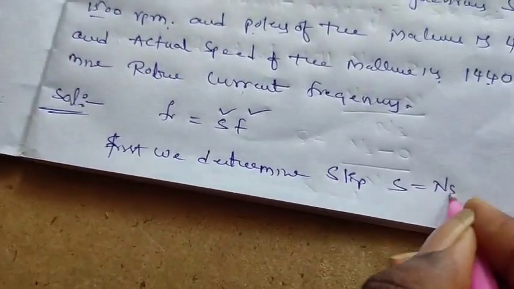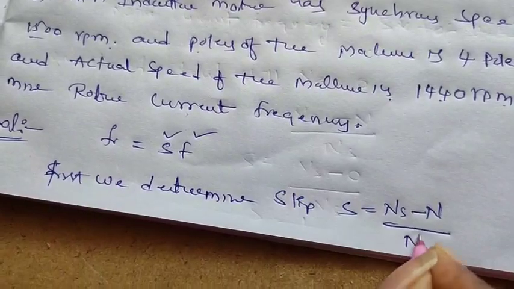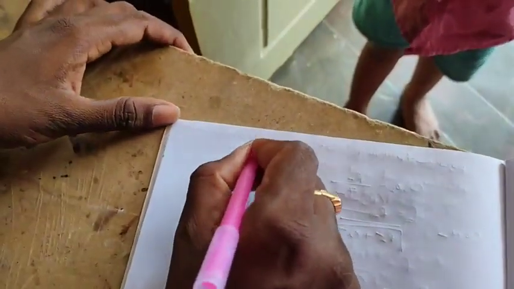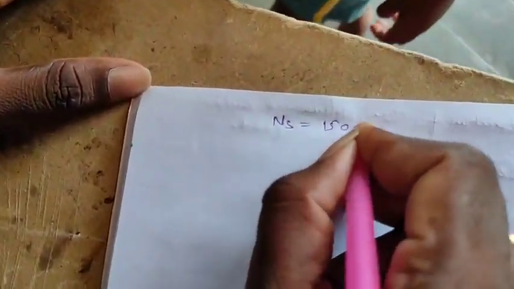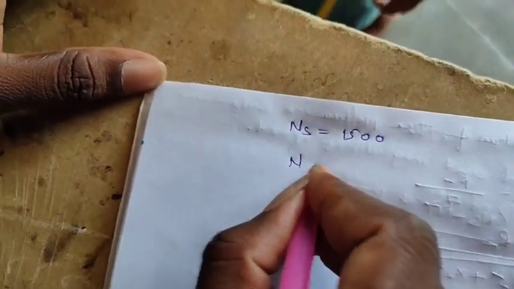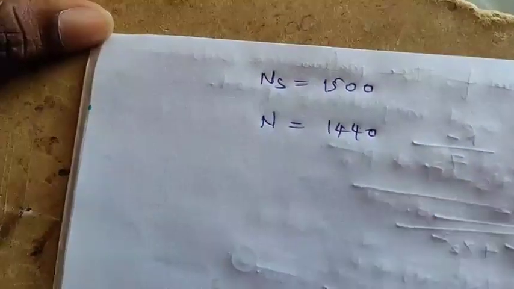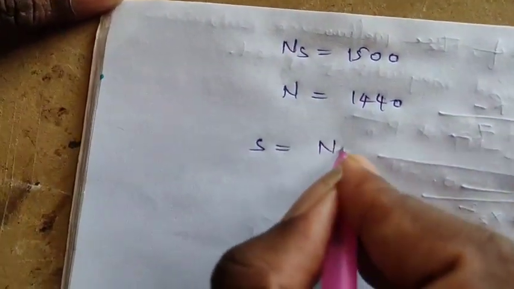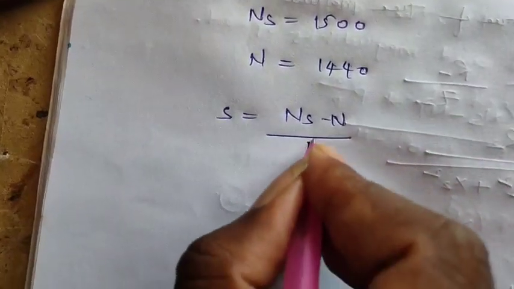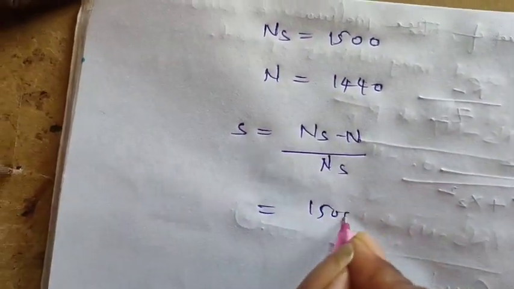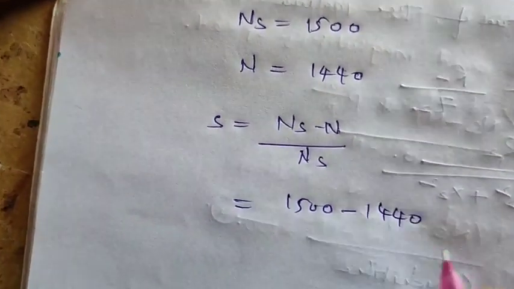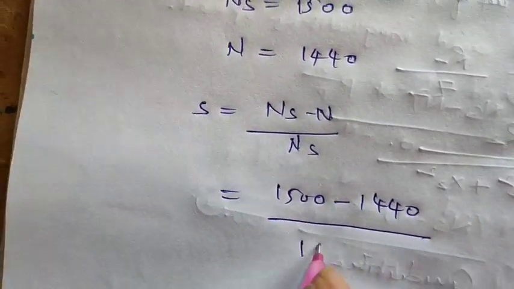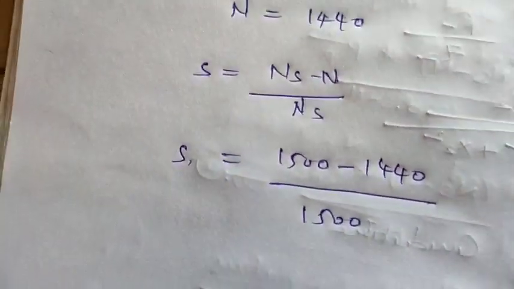slip equal to ns minus n divided by ns. So given problems, ns equal to 1500, n equal to 1440. Slip of the machine is ns minus n divided by ns. 1500 minus 1440 divided by 1500.